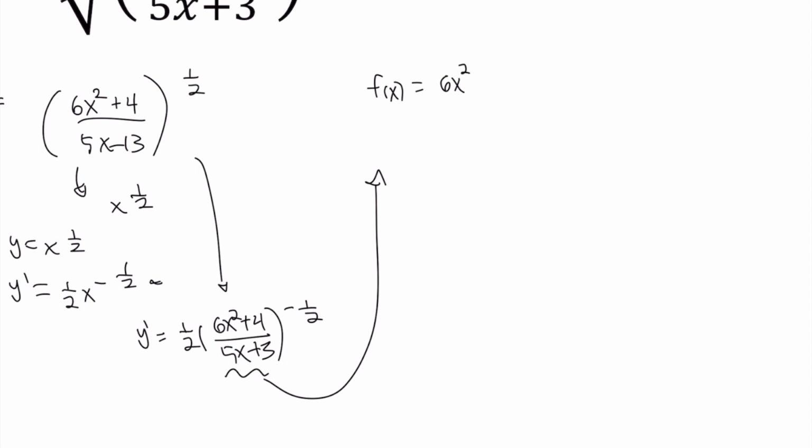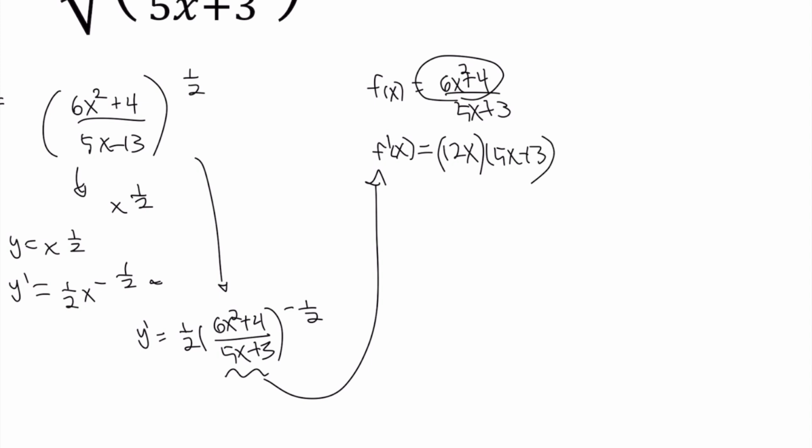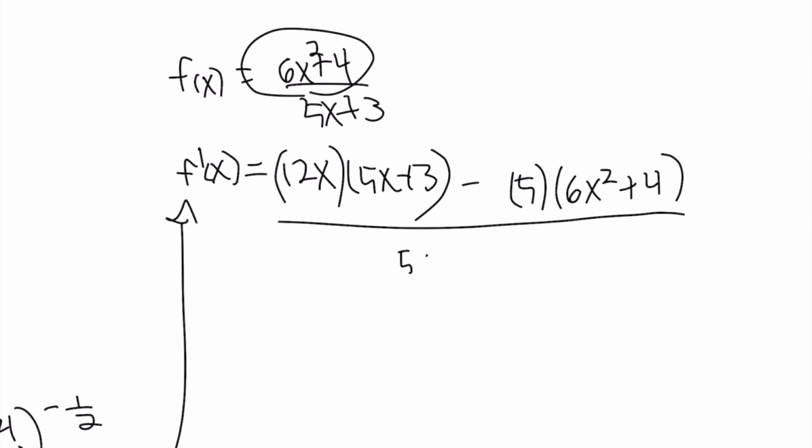And then 6x squared plus 4 over 5x plus 3. f prime x equals the top one derivative, which is 12x, and times 5x plus 3, the bottom one original, and then minus the bottom one derivative is 5, and then top one original is 6x squared plus 4. And then we're going to do a division, bottom one original to the power of 2.